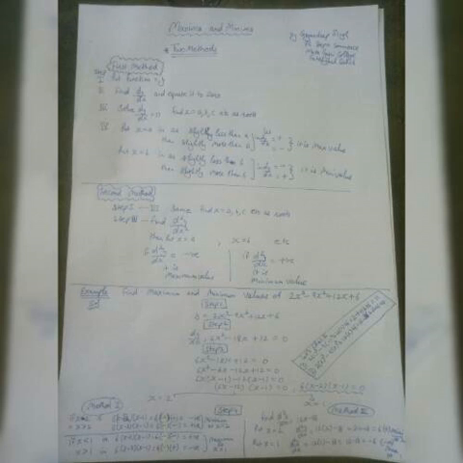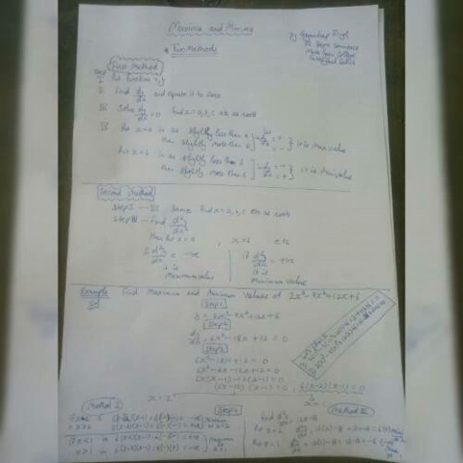In the first method, if we take slightly less than 2, suppose 1.8, then 6 bracketed, 1.8 minus 2 will be negative. And 1.8 minus 1 will be positive. So a negative value times a positive value becomes negative.